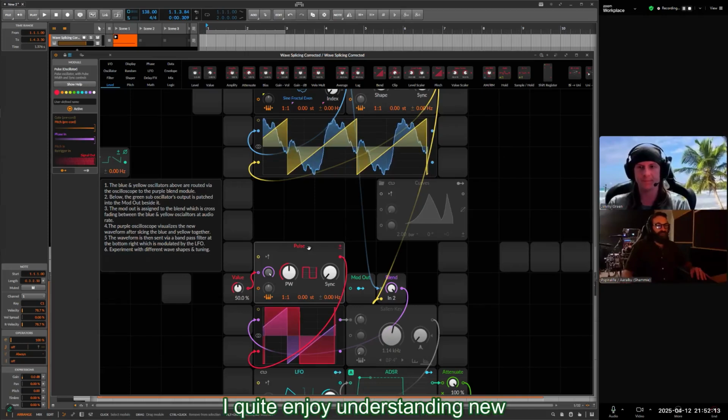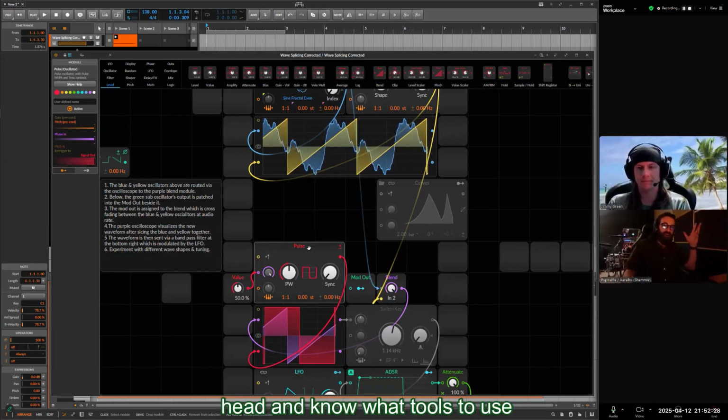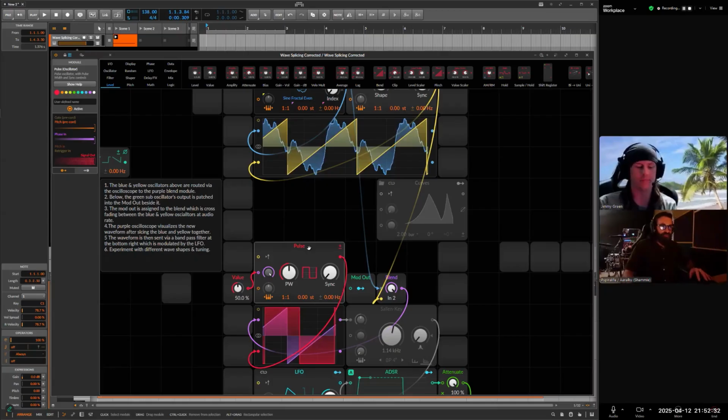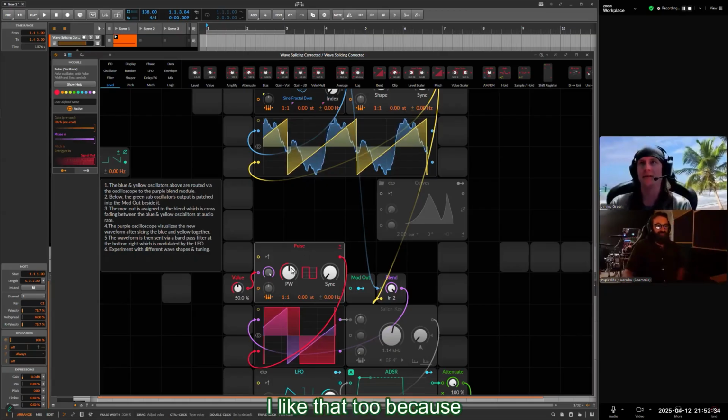With doing stuff like this, I quite enjoy understanding new synthesis types or even older ones more thoroughly, because I think it leads to being able to conceptualize sounds in your head and know what tools to use to get the result. Right, exactly. And I like that too. Because with the audio stuff, it's pretty random.